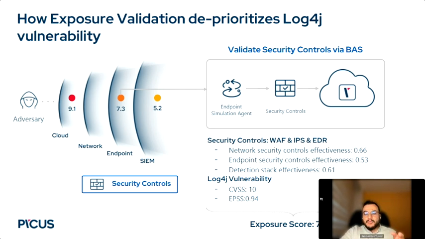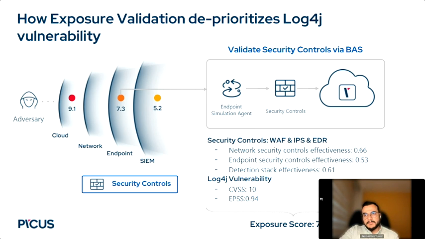However, an endpoint living behind network segmentation, firewalls, and web application firewalls is not that exploitable, because attackers need to first bypass those security controls, get access to the vulnerable asset, and deploy their exploit code. As we deploy and configure our security controls better and better, we are much more defended even against 10 out of 10 vulnerabilities. So we need to validate first that those vulnerabilities are exploitable.